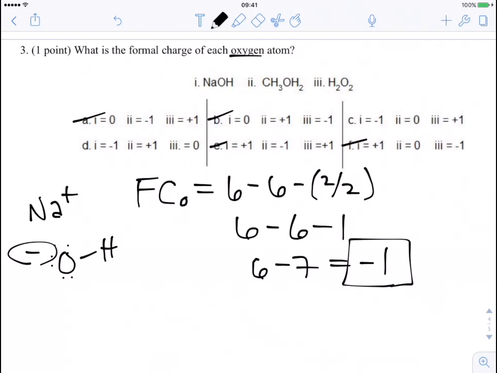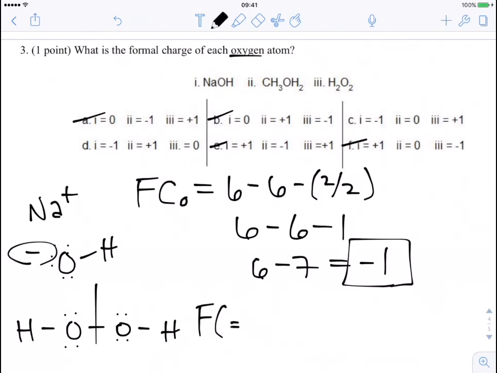Then you take your second, or we can even do the last one just because it's a little easier to draw out, save some space. Alright, take your formal charge. Doesn't really matter which one you take it out of because it's symmetrical right down the middle.